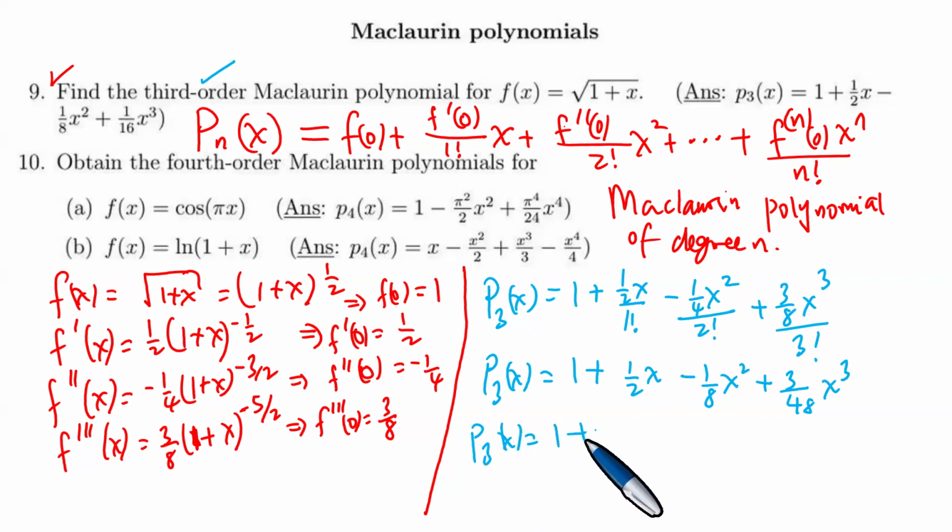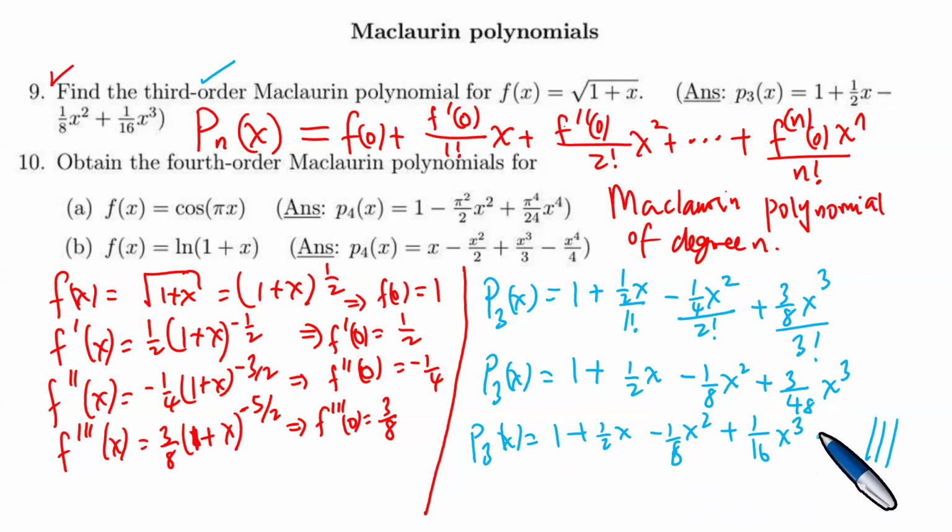P3 of x is 1 plus 1/2 x minus 1/8 x squared. 3 goes how many times into 48? 16 times. So this becomes the answer.